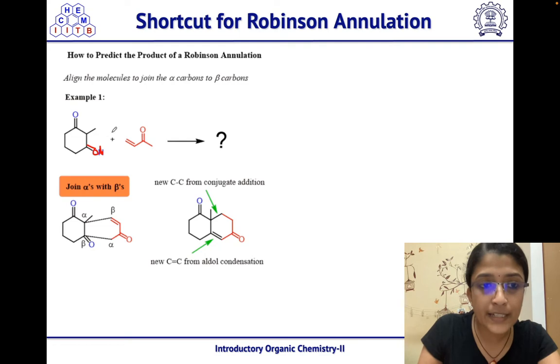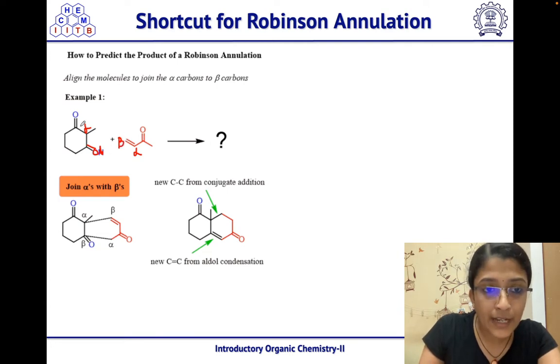So if we consider this starting material with respect to this ketone, this is the alpha carbon, the carbon that is adjacent to the functional group. And if we consider this ketone of the other starting material, here the adjacent carbon is the alpha carbon and this is the beta carbon.